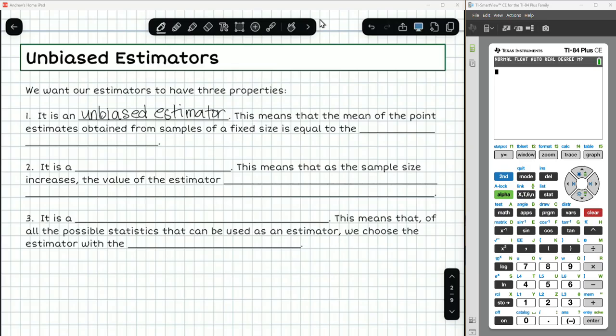The question is, what does it mean to be unbiased? So when we say unbiased in this context, what we mean is that the mean of the point estimates, the average of the point estimates that we pull from all of the samples of a fixed size, is equal to the parameter we are estimating.